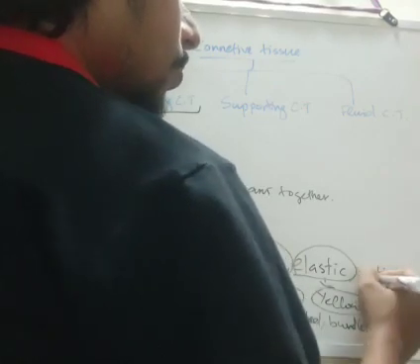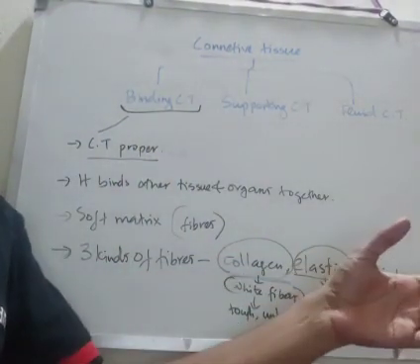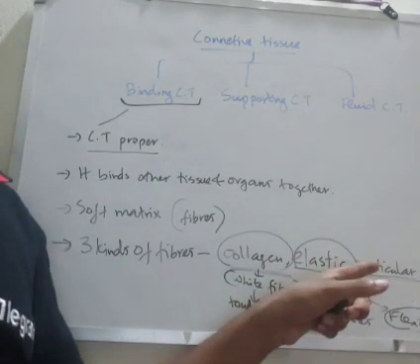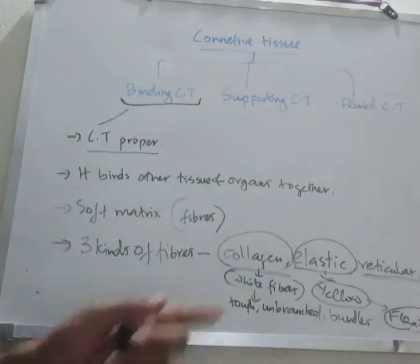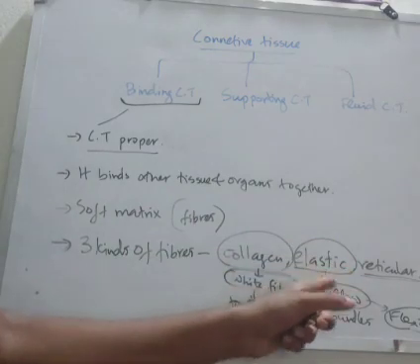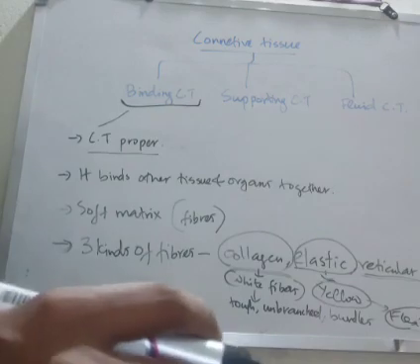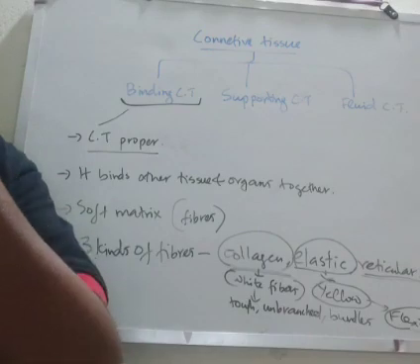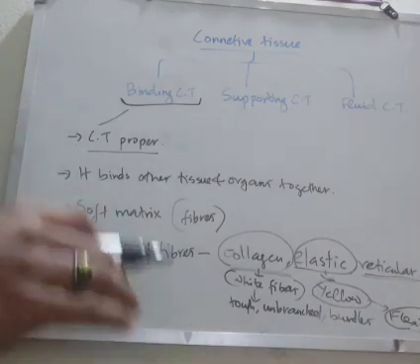So now let's move to the network-forming fibers. The elastic fibers form a network in the soft matrix. And they are formed of an albuminoid protein called elastin.